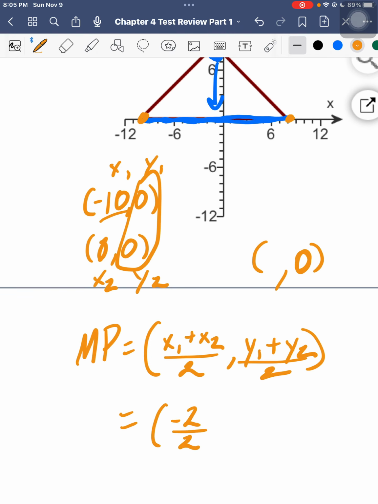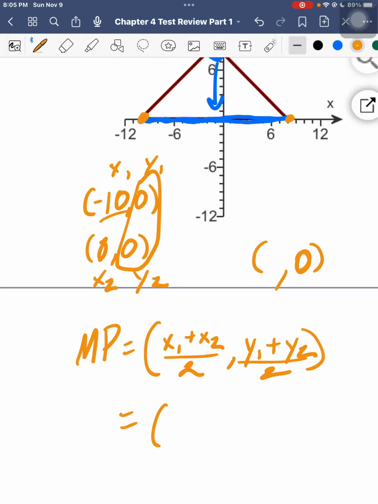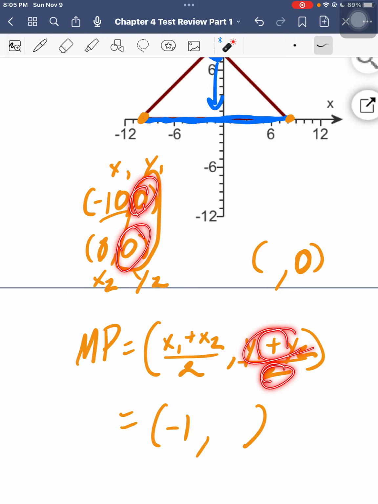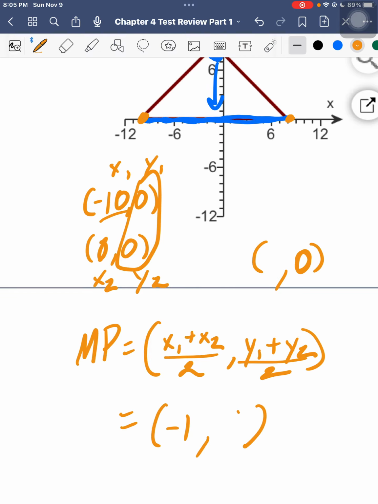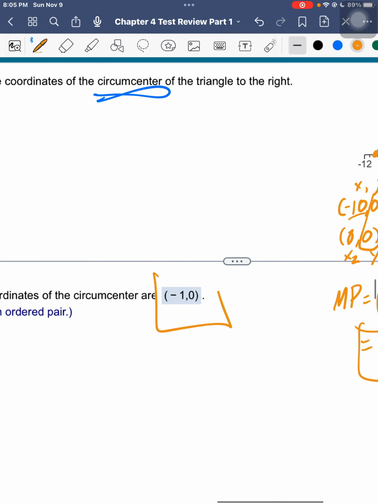What is -10 plus 8? That is -2. What is -2 divided by 2? That is -1. Now for the y, what is 0 plus 0? 0. What is 0 divided by 2? 0. So my circumcenter is -1, 0.